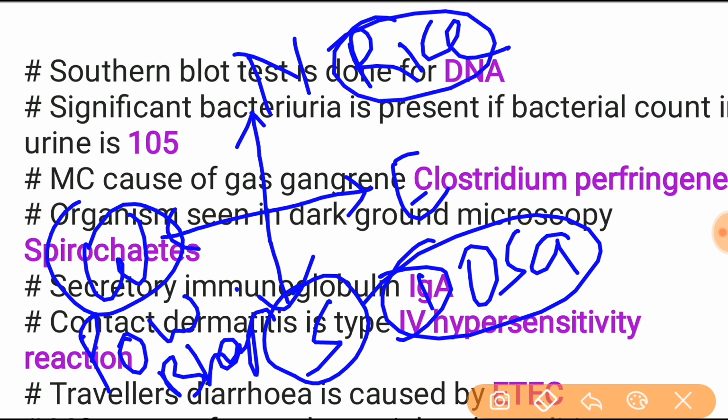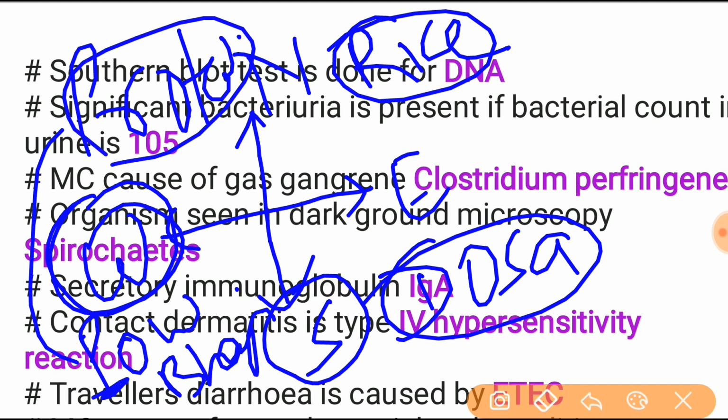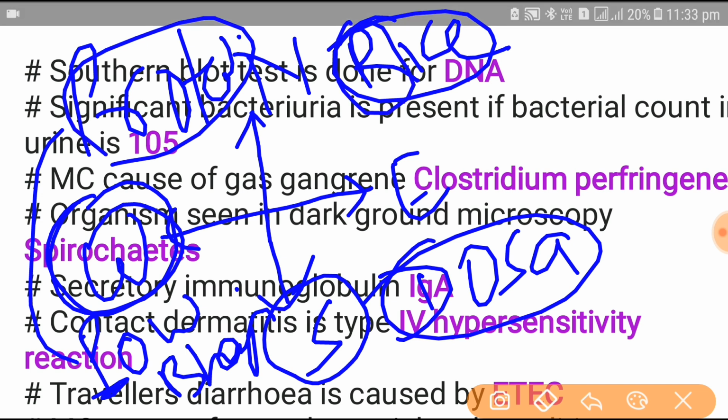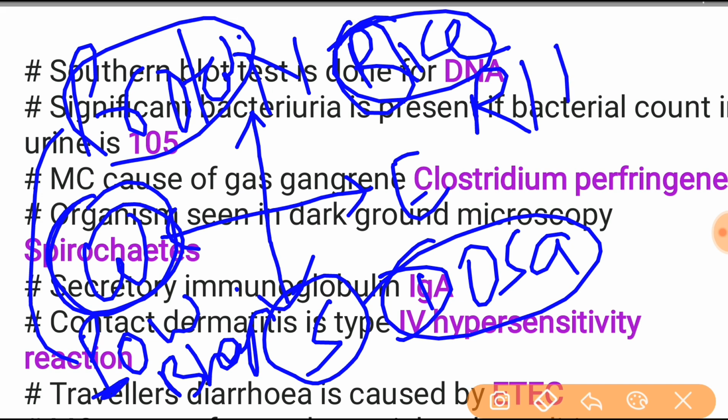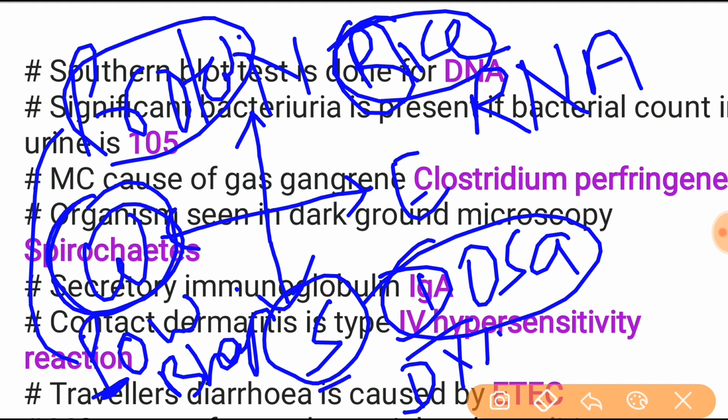So in Western blot, pav bhaji means protein; rice means RNA; and Southern means DNA. It is a simple trick, and you will never be confused.